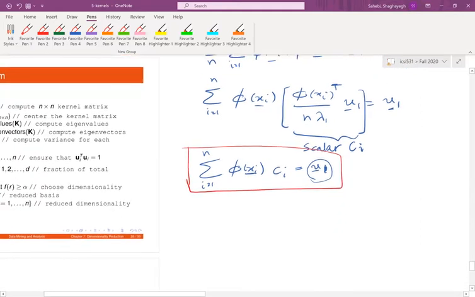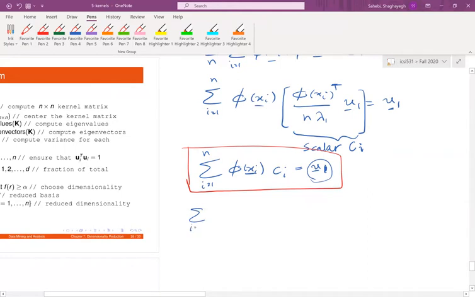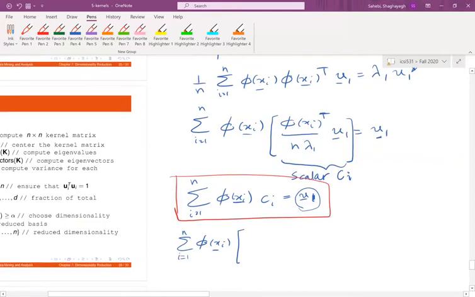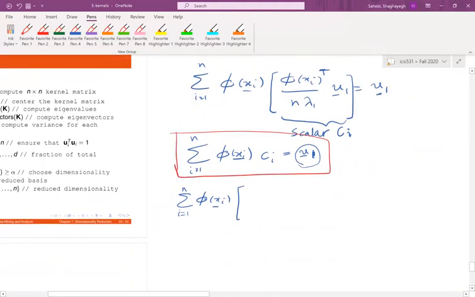What we will get is the summation of i equals 1 to n, phi of xi multiplied by phi of xi transpose u1, where instead of u1, I will use this summation.